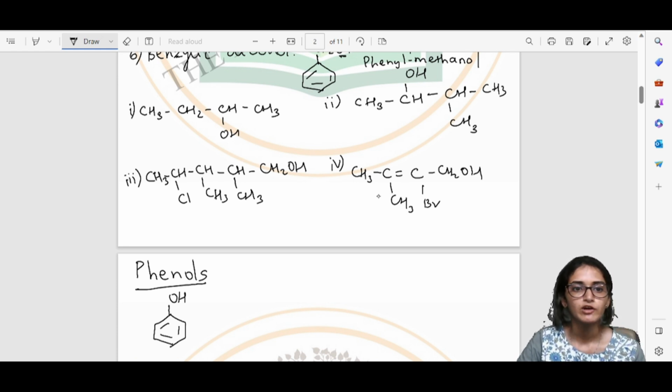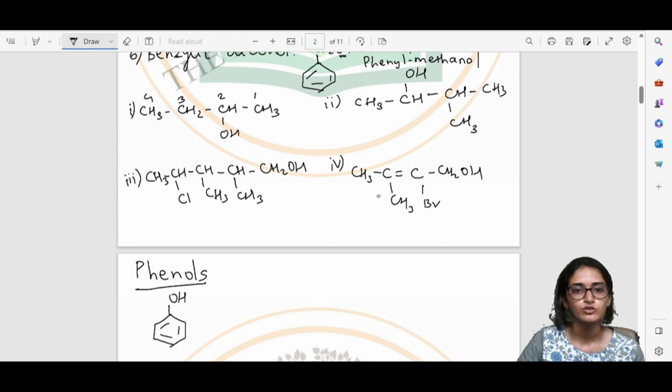If we number from the left side, it will be 1, 2, 3, 4, meaning the carbon to which the OH group is attached will get number 3. And if you number from here, this carbon will get number 2. So what we have to see is that the carbon to which OH is attached should get the lowest possible number. So that's why we have to number from here: 1, 2, 3, 4.